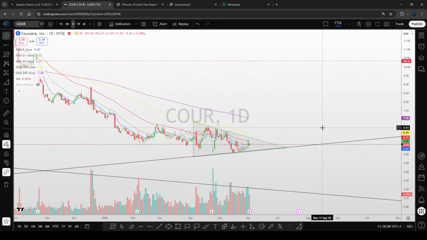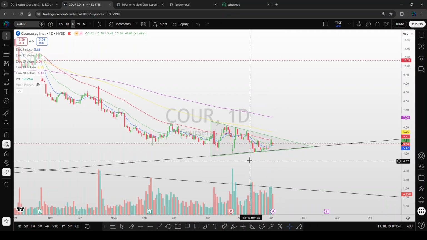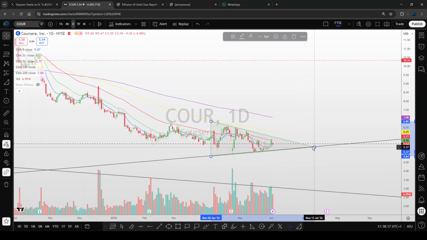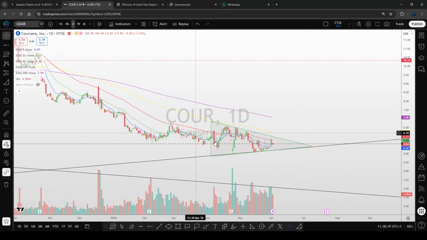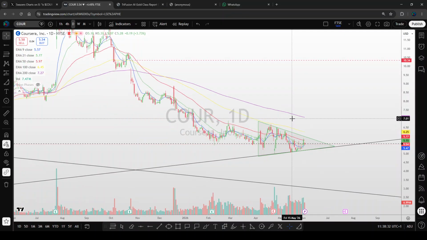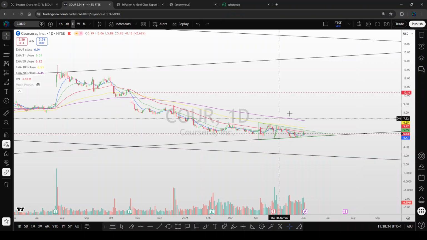Then on the daily chart, if we zoom in, we can see a convergence starting like it usually does with the lower EMAs: the 9, the 21, the 50. We can see the bigger EMAs above that convergence, but heading downwards. The 100 and the 200 are all moving downwards, but we've got convergence starting with the lower time frame EMAs already.